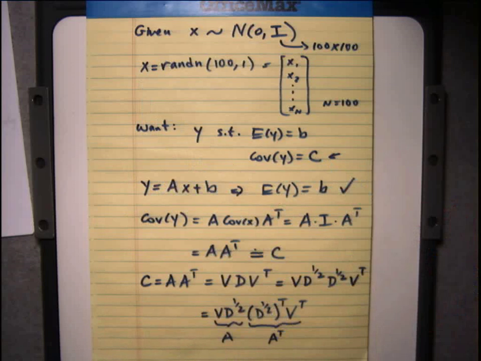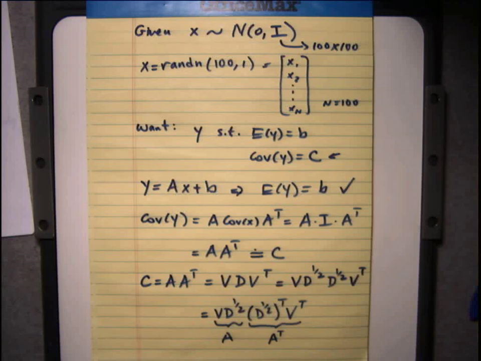So this whole description here is to allow you to simulate a random variable with a desired expected value and covariance from one where the expected value and covariance are fixed because of the way that MATLAB generates things. Okay, is this clear? Any questions?